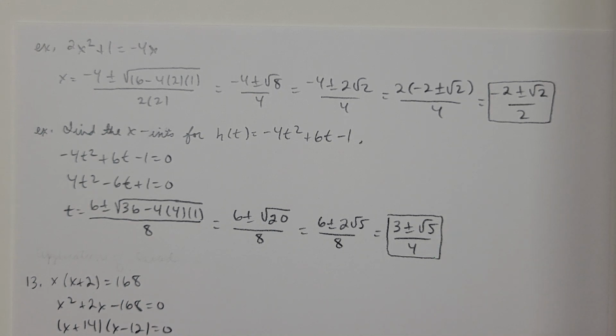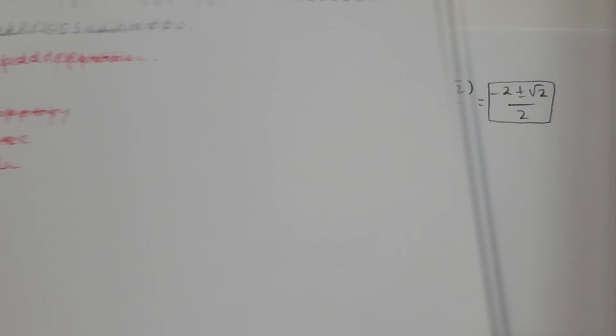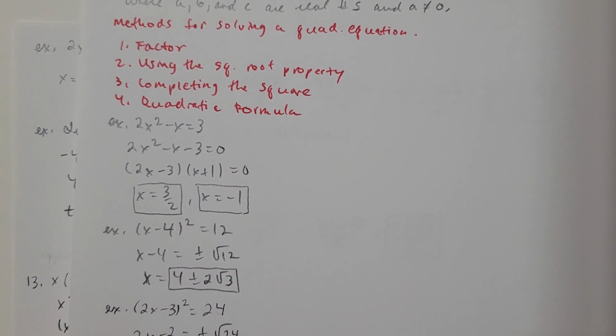All right, so again, in order, if I have any quadratic equation, the first thing I think of is factoring. Just give it a couple of seconds. If you can't see the factors, then the next thing to think of is to use the quadratic formula, unless you're in a situation where you can use the square root property.